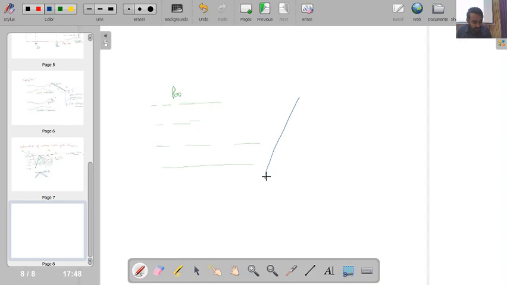Say this is my expansion fan basically. So what will the expansion fan do? Over here my condition is 1, so P1 will be equal to P infinity. Now through the expansion fan, a streamline will bend something like this. It will go like this.